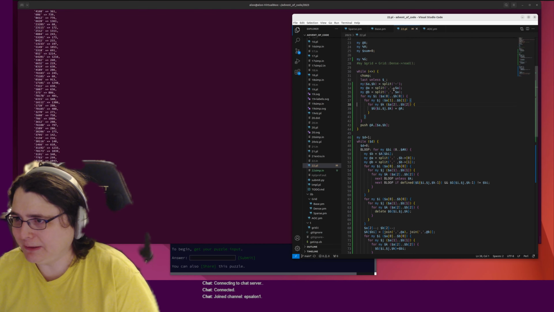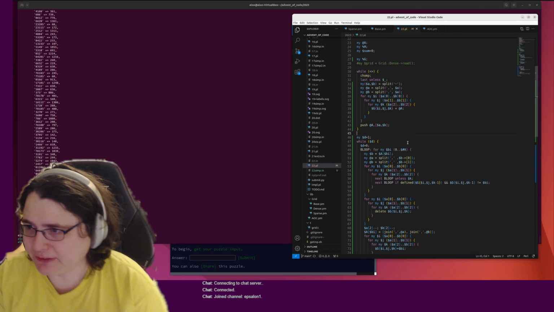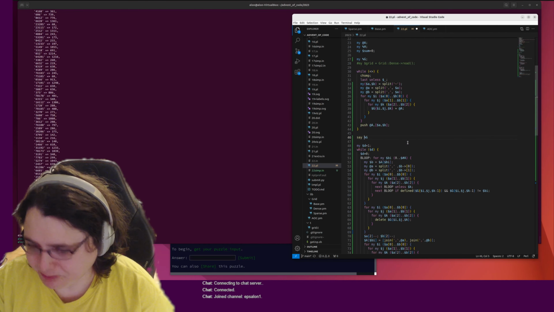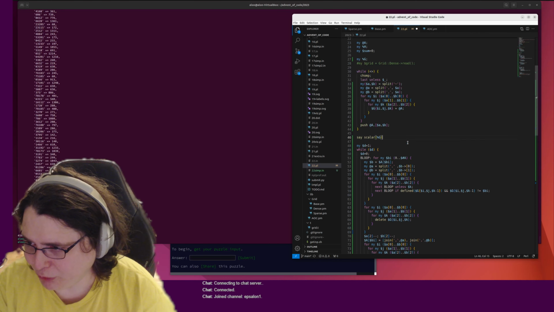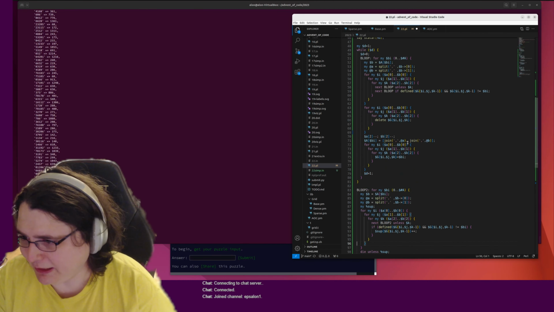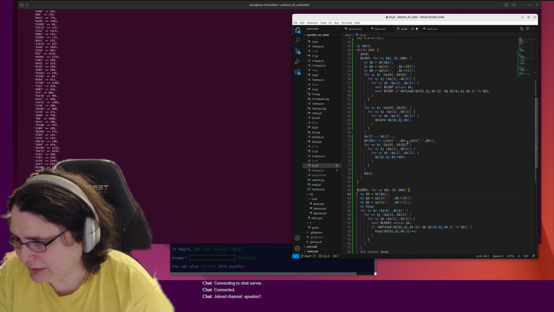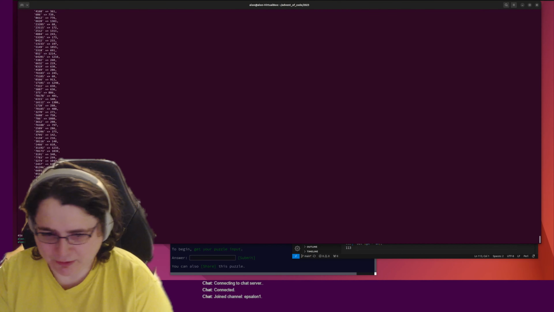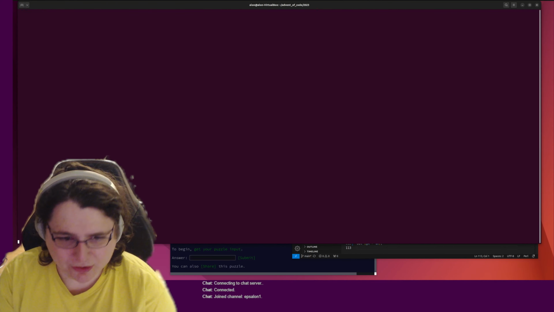Let me do some kind of a sanity check before I do any drops, and after I do all the drops. The size of the array, size of the thing needs to be the same.